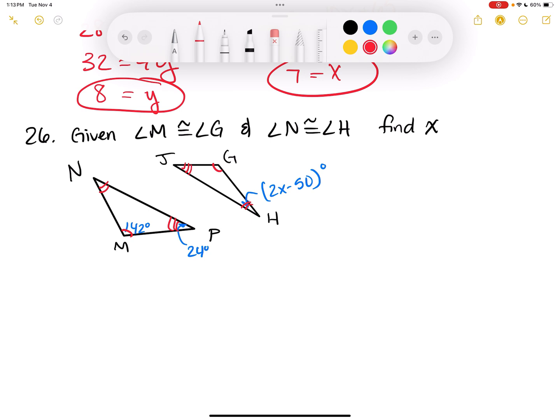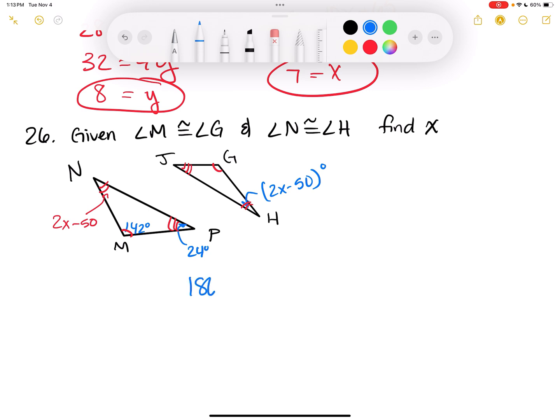So basically that means I could take this value here, this 2x minus 50, and say that that also goes here, okay? And then this would be like the one we did earlier. You can either figure out what N was and then set it equal to that, or we can do 180 minus all of it. Since I did the one on the board earlier where we did 180 was equal to everything, let's do it as if we're doing minus on this one instead.